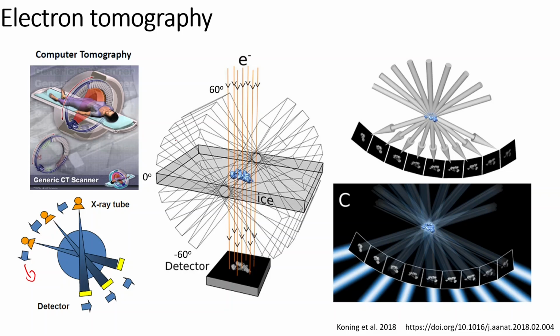We are taking a series of tilts of our sample and recording it on the detector. Because for every tilt we know the tilt angle at which the sample was collected, we can assign these angles to our recordings, and after that we can back project the recorded 2D images into a 3D volume.